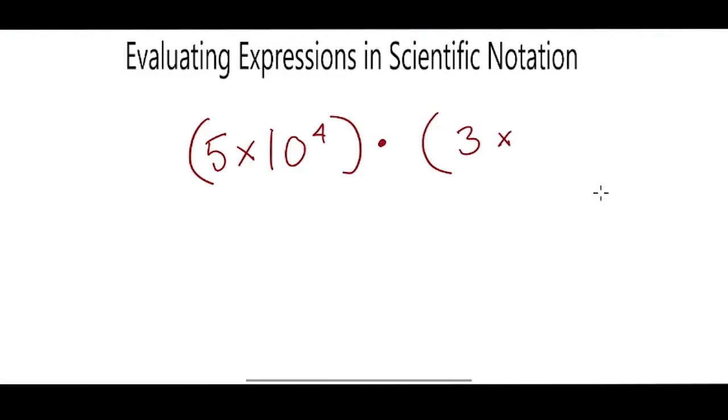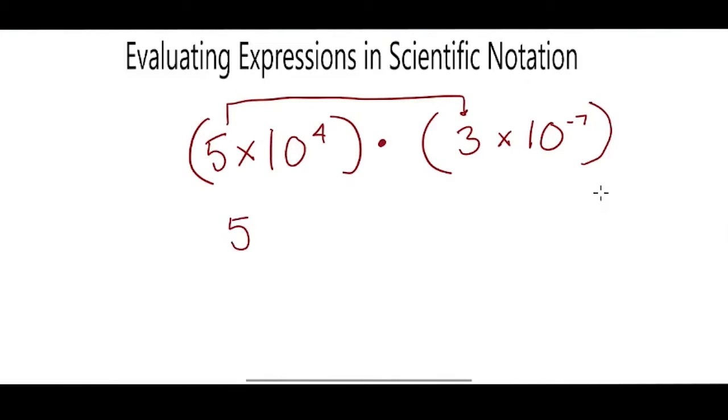Hello again. Today we're going to be evaluating expressions in scientific notation. Let's say I have 5 times 10 to the 4th power times 3 times 10 to the negative 7th power. Well, the way we do this is we can multiply the 5 times the 3.